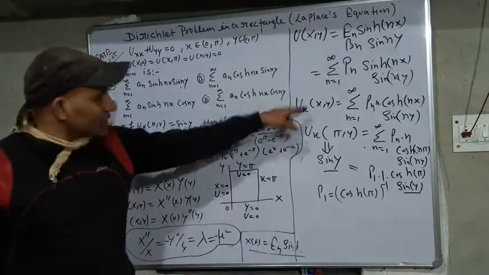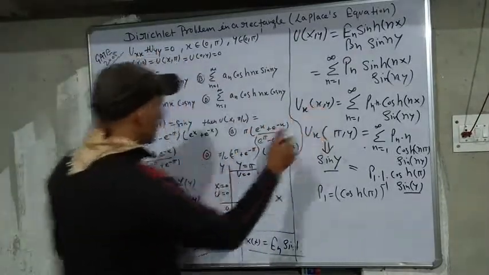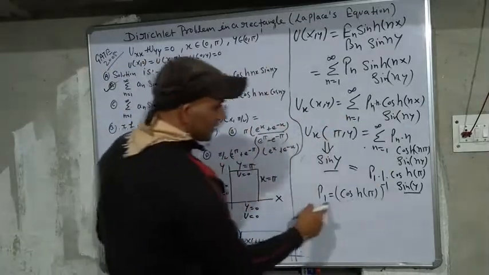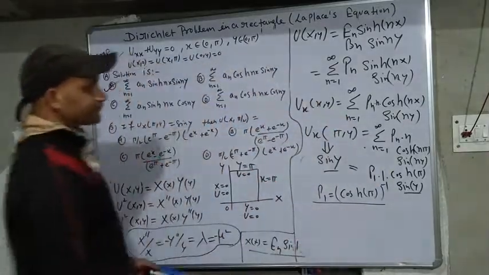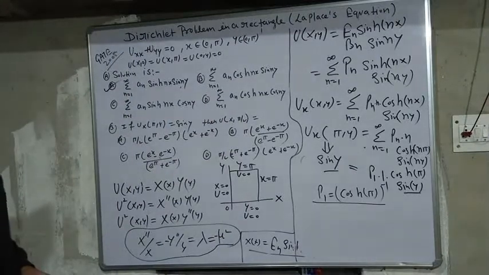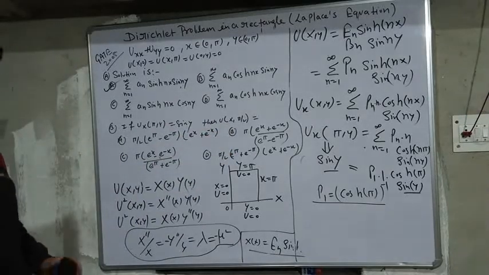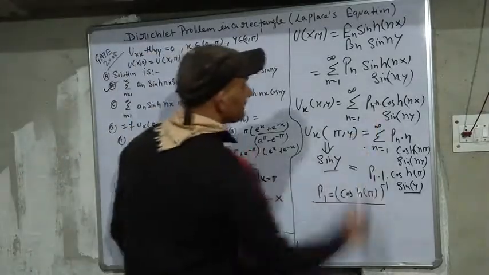So your solution, your u(x, y) in this condition, p1 is equal to this, you have got. So you have to write only p1. Now he is asking u(x, pi/2). You have to put the same value here.